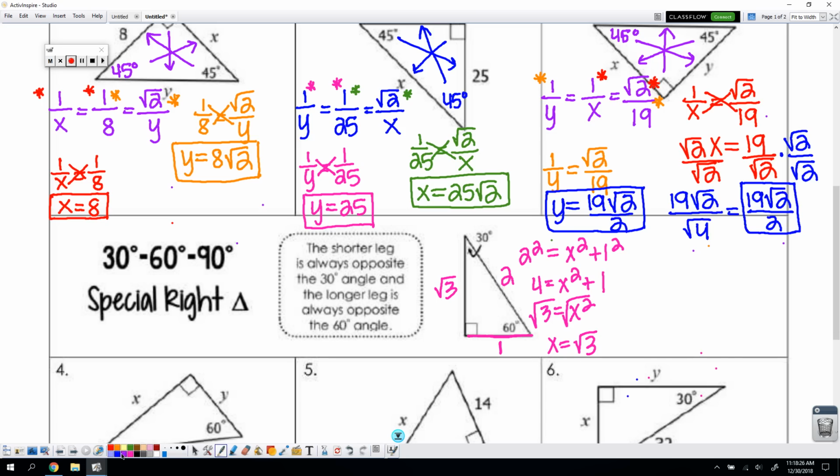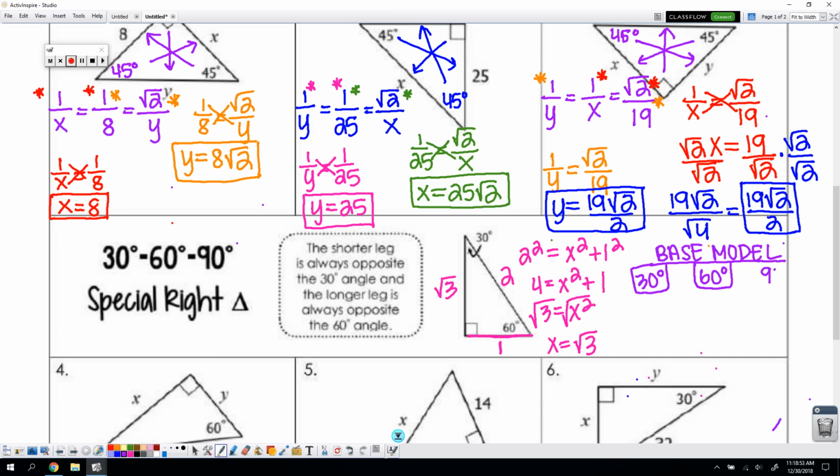So over here, I'm going to write base model. Okay, now this time we don't have 45 and 45 being exactly the same. We instead have a 30-degree angle. We have a 60-degree angle.